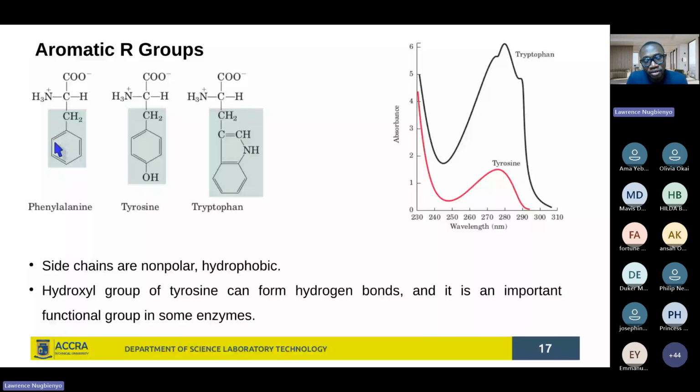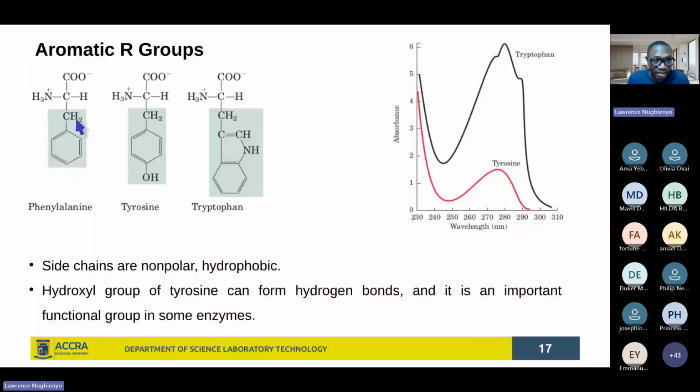Now, there are three amino acids having aromatic side chains: phenylalanine, tyrosine, and tryptophan. You can easily remember them. Take, for instance, phenylalanine. Why is it called phenylalanine? You remember alanine is CH3.